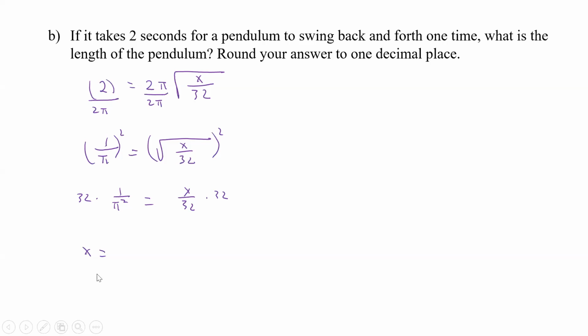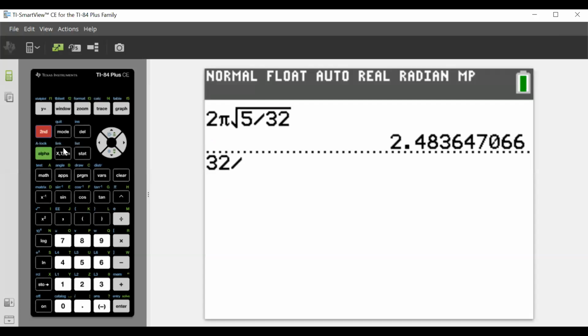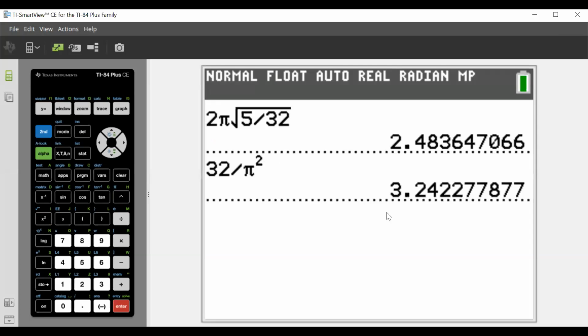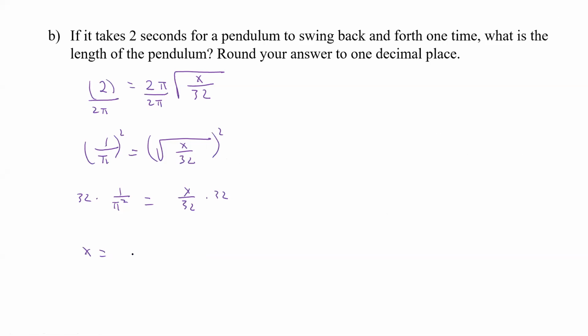So 32 divided by pi squared. It says 3.24, and we're rounding to one decimal place, so it is equal to 3.2, and this is going to be in feet. So the pendulum length is 3.2 feet. All right, so that's all I have for this section. Hopefully that will help you.